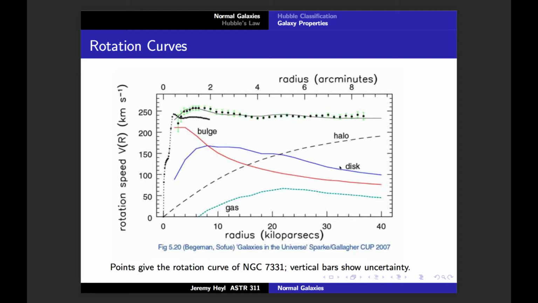But you can see all of these components aren't enough, beyond around 10 kiloparsecs or even closer. You need an extra component that here's called the halo. That's the extra bit to account for when you add all of these up. You get the curve that goes through the points.